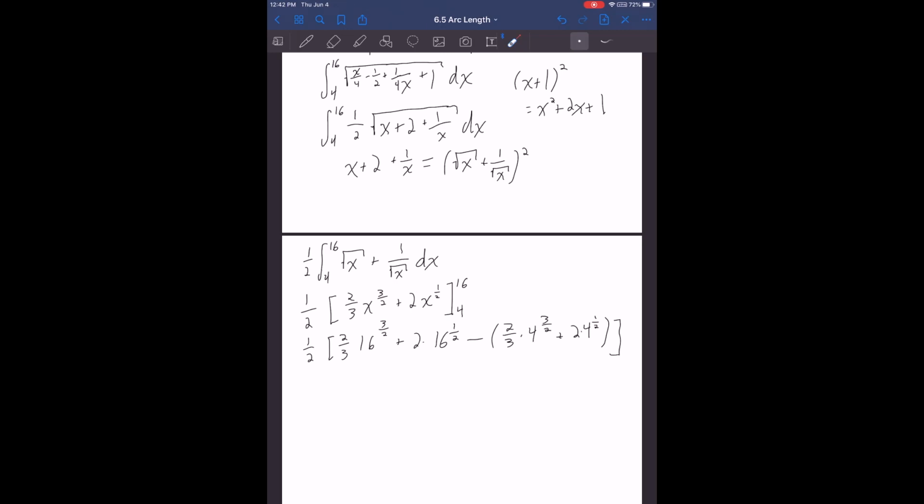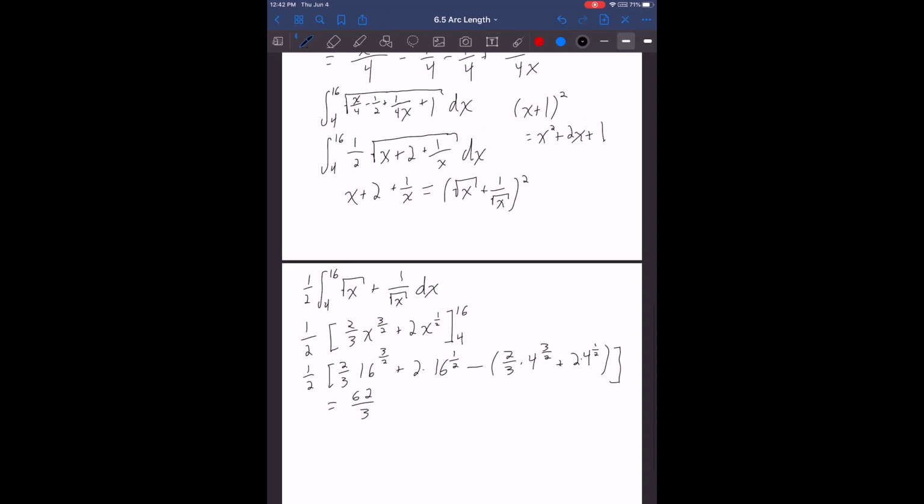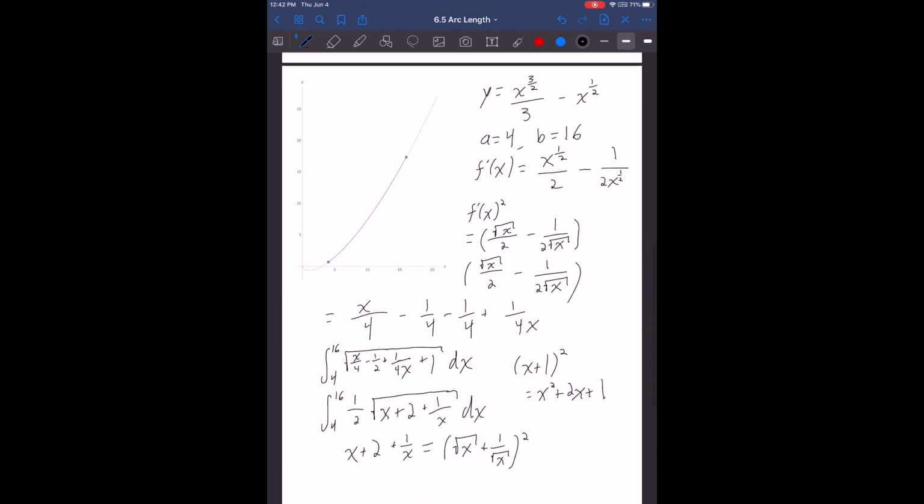All right, we can't forget about this 1/2 on the outside here. We need to make sure that at the end we are multiplying everything by 1/2. So when you go through everything and simplify, this is going to be equal to 62 over 3. And that's going to be your final answer.